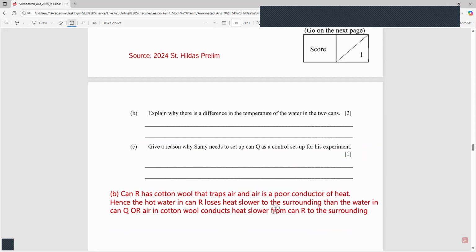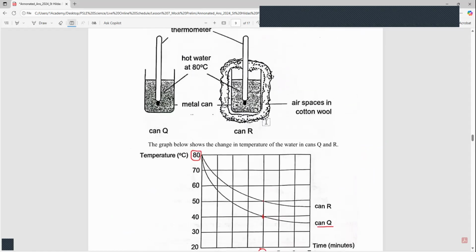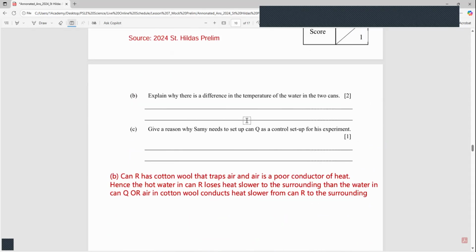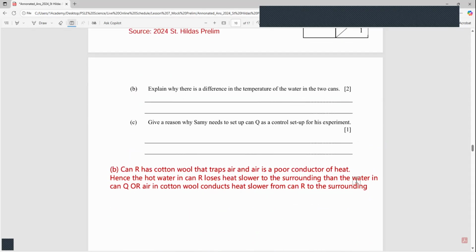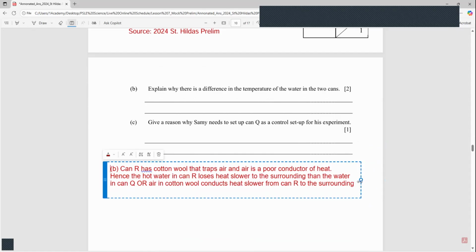You see can R has cotton wool, which is shown here. So it acts as what? Because it traps air, and air is a poor conductor of heat.